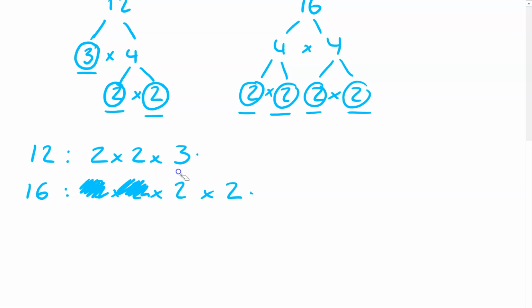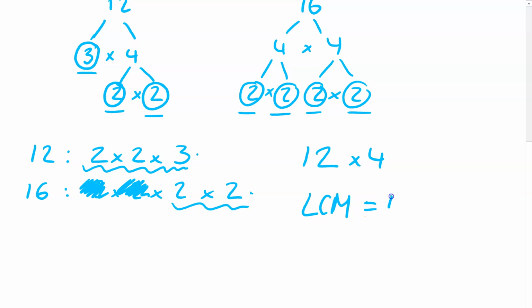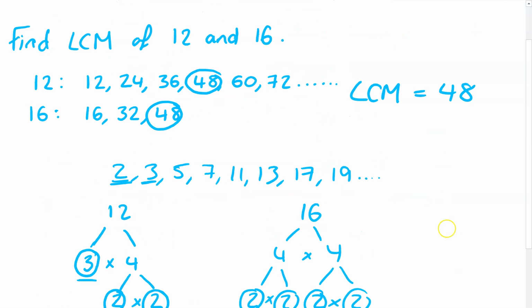The top row, we know all of this makes 12. And what we've got left here is 4. So what is 12 times 4? So our lowest common multiple, 12 times 4 is 48, which is exactly what we got up there.